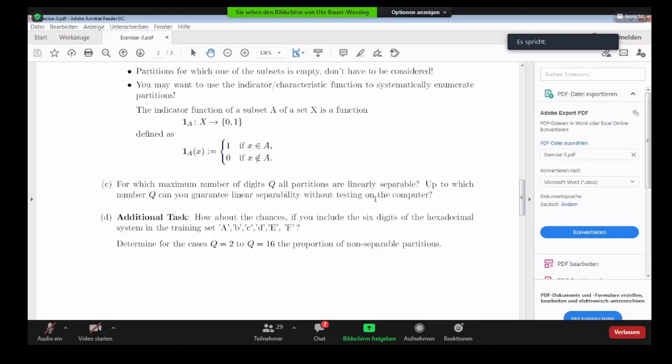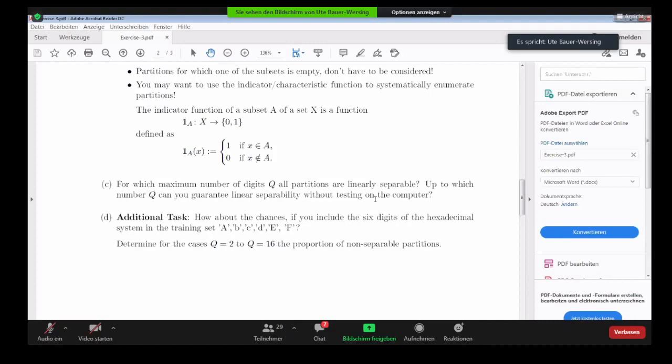What about if we select 2 digits? Can we generate a partition that's nonlinearly separable? There is an assumption involved in that, of course, about the training data, the points X, I mean the input data.